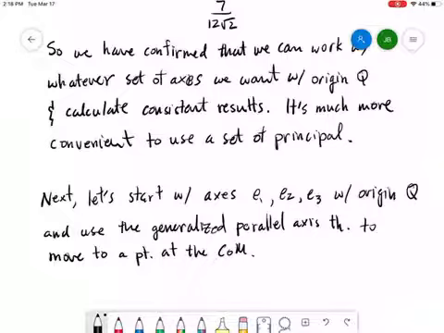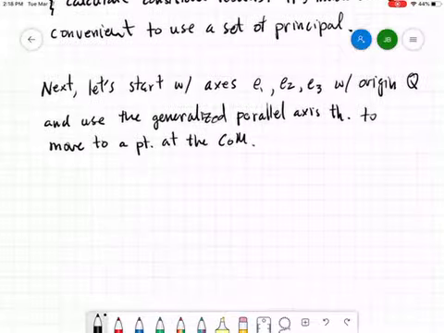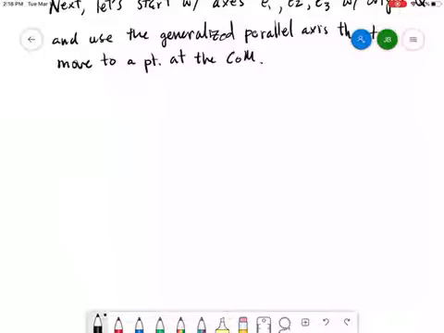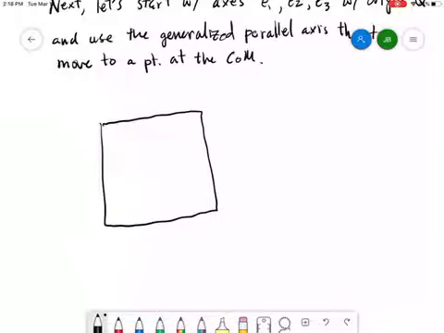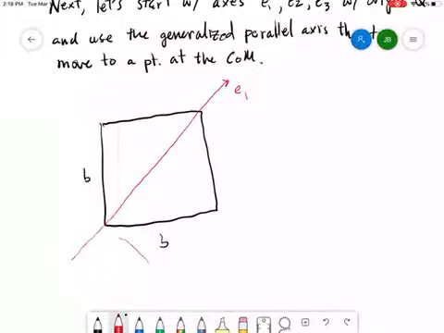Okay, so let's draw a picture of what that looks like. We've got our square slab of sides B, and we have our axes, our principal axes, E1 and E2, and E3 is out of the screen.